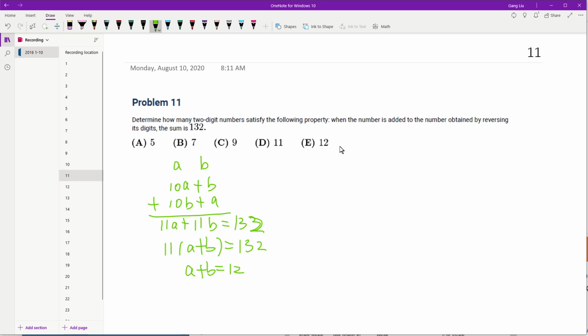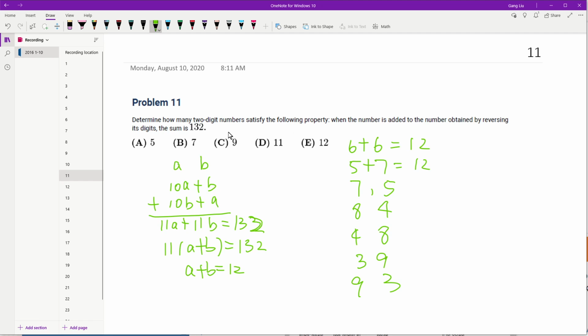So we list all the possibilities. 6 plus 6 is equal to 12. Then 5 plus 7 equals 12, or 7, 5, 8, 4, 4, 8, and 3, 9, and 9, 3.